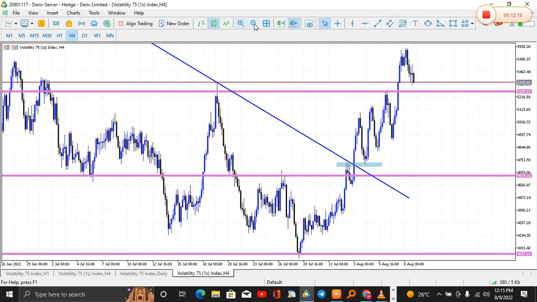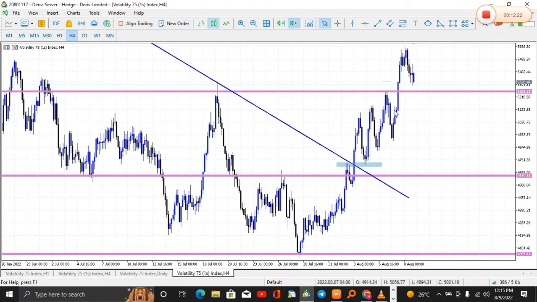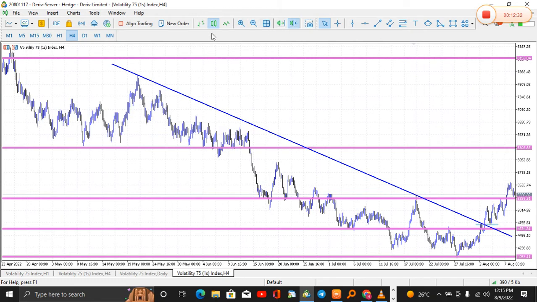Now, when the market breaks these higher lows or the higher highs, if I try to zoom in, you see we had, let me also get that for this support.